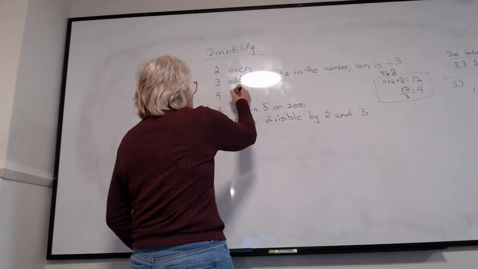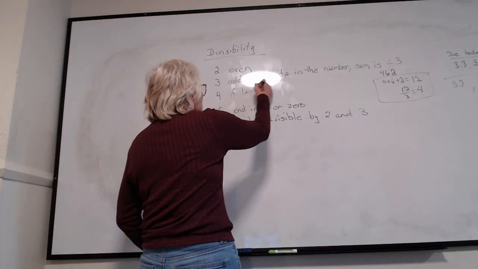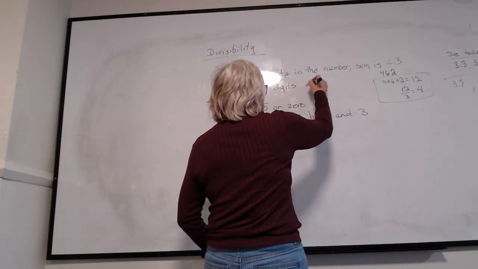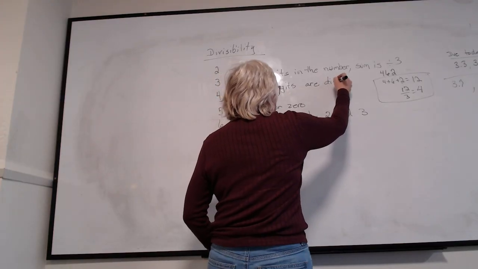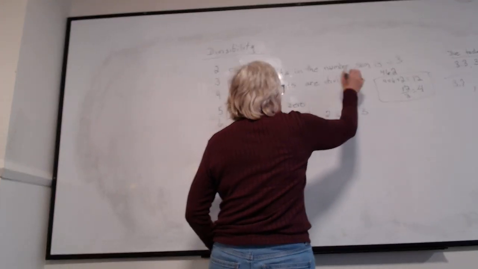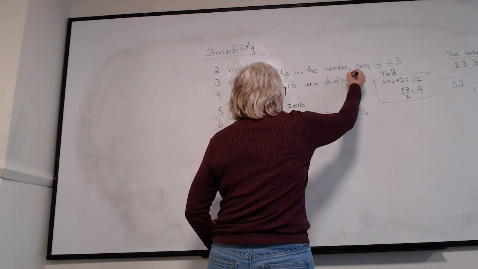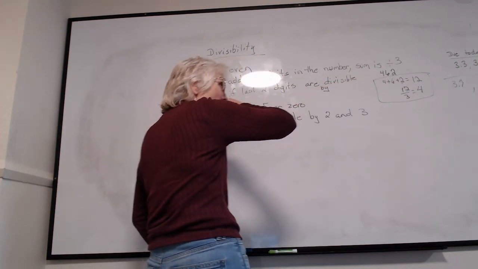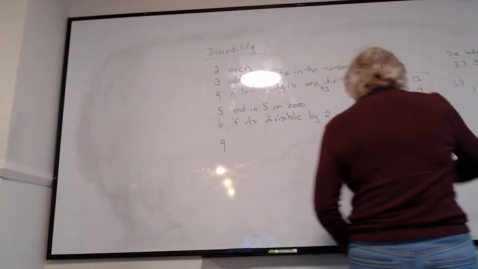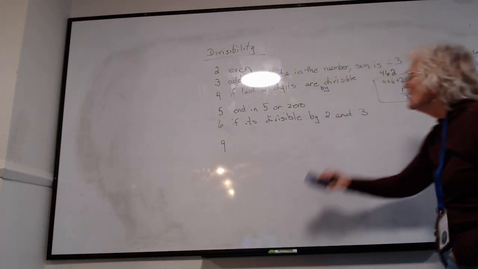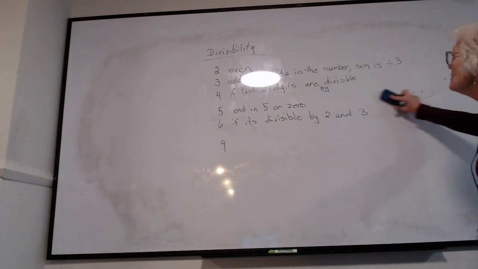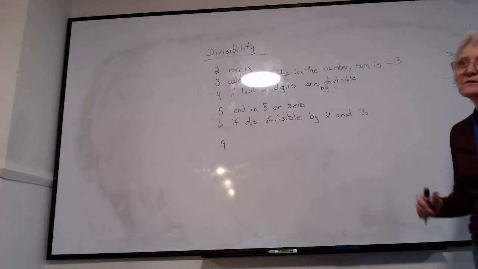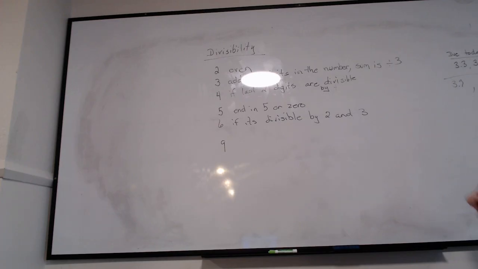If the last 2 digits are divisible by 4. So then you have to kind of know a lot of things. It's not the sum of them, but it's the actual number. Okay. So that's a 4.